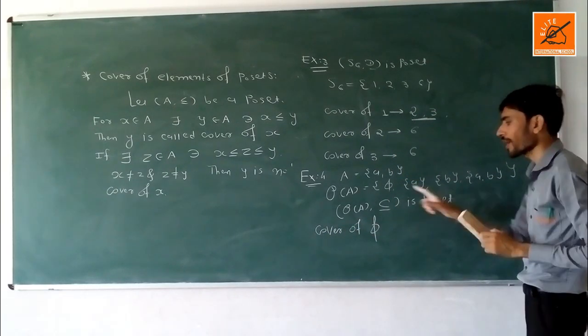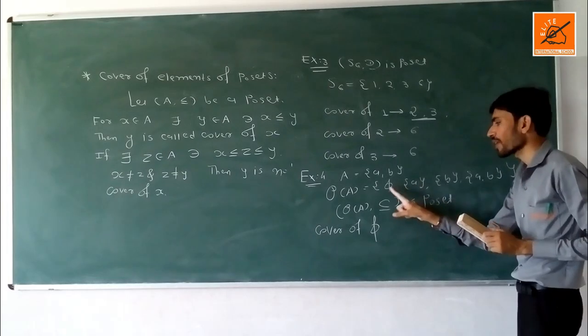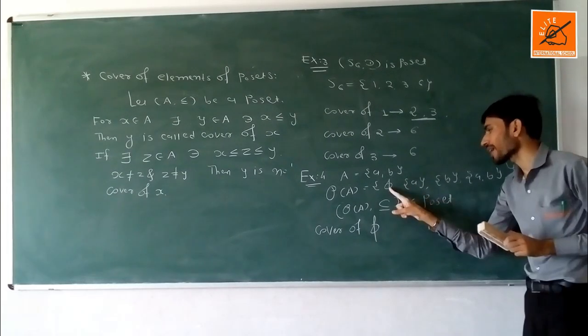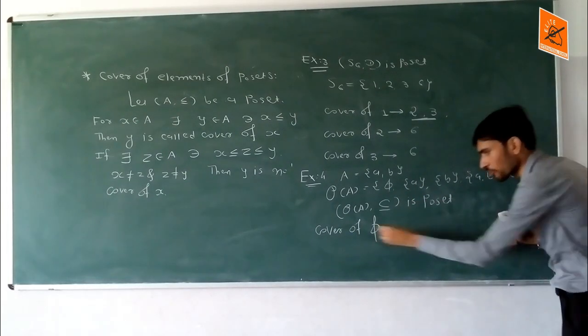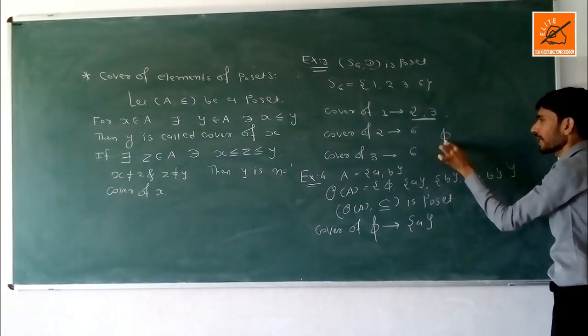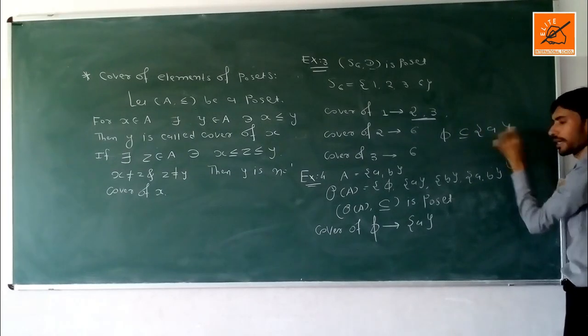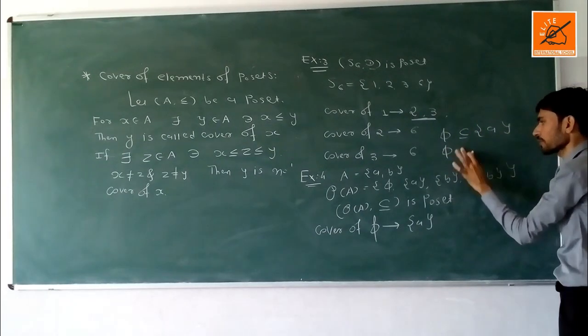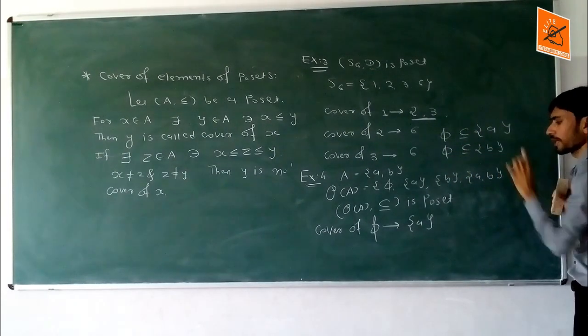Now see here, ∅ is a subset of singleton {a}, ∅ is a subset of singleton {b}, and ∅ is a subset of {a, b}. So the cover of ∅ is first of all singleton {a}, since ∅ is directly a subset of {a}, and ∅ is a subset of {b}.